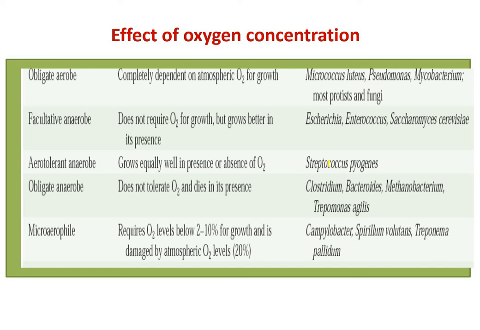Then microaerophiles require oxygen at about 2 to 10% for growth and are damaged by atmospheric oxygen. So microaerophilic means they only require a small amount of oxygen. Micro is very small. Examples are Campylobacter, Spirillum volutans, Treponema pallidum.